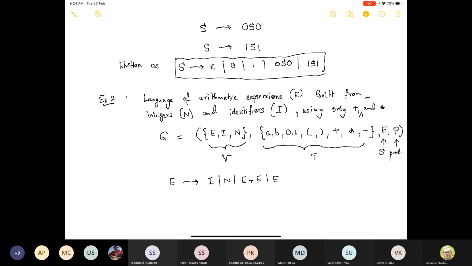Or you can have the product of two expressions. Or you can simply have an expression enclosed in parentheses. But we don't seem to have a minus here, which means that this is a unary thing. This minus is a unary minus, right?